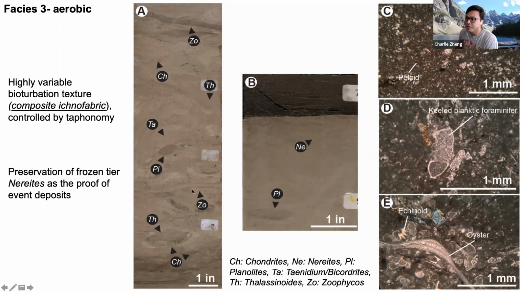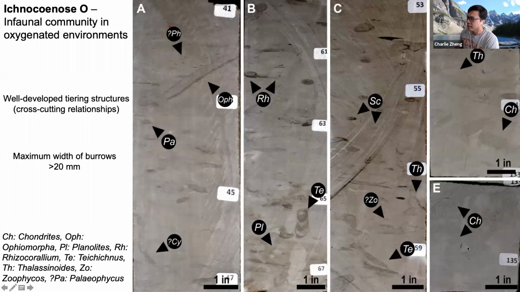So if you can see this Ficus, the flat and long traces, this is cross-cutting or situated on top of all other things. So that tells us this Ficus is a deeper tier than everything being cut through, right? And then usually the Chondrites in figure E is the predominant trace fossil, and that cuts through all our other things. So the sediment is being reworked continuously through time.